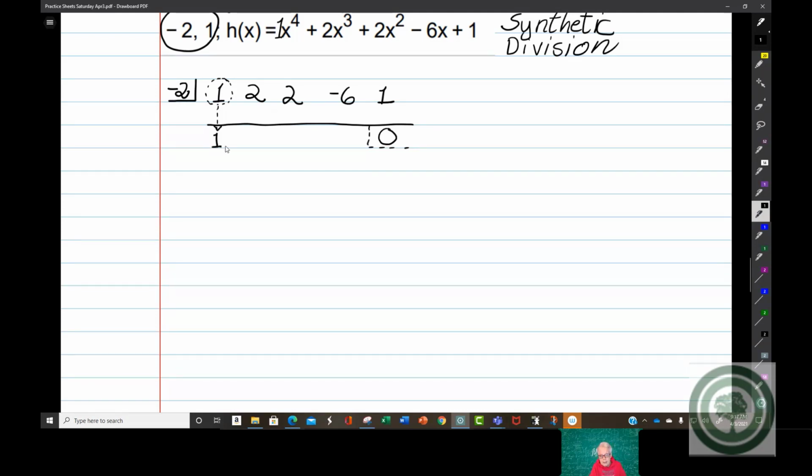You multiply this number by this number, and then you write it under the second number there.